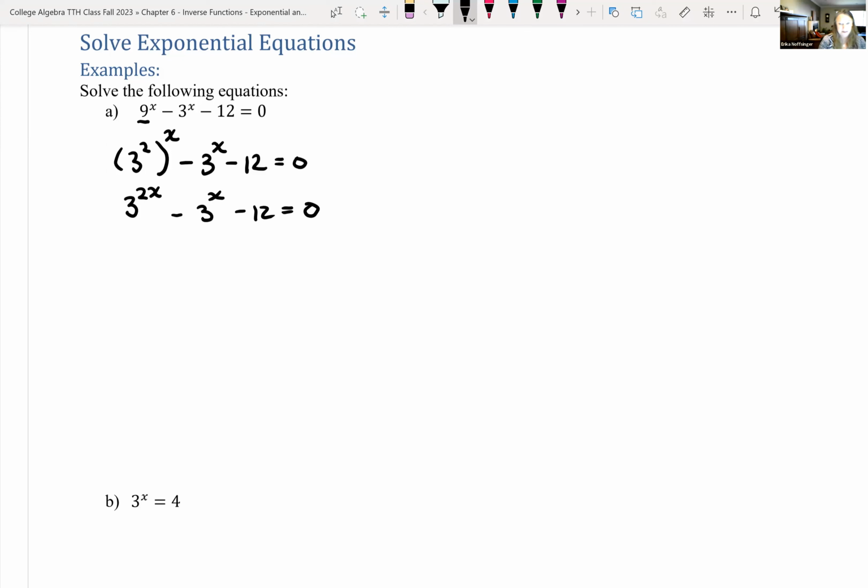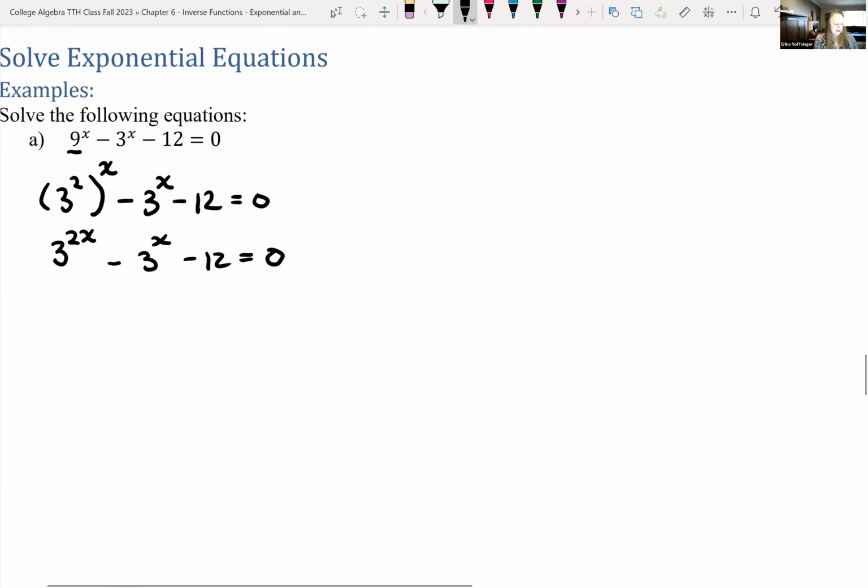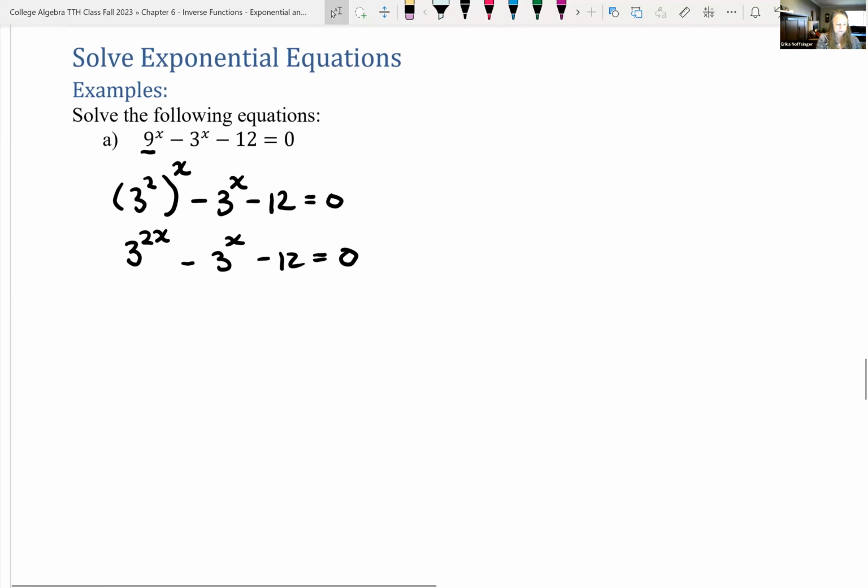I notice I can manipulate this to look like a quadratic equation, and then we could do substitution, which we had looked at doing at the beginning of the semester. So notice that this is the same thing as 3 raised to the x, quantity squared, minus 3 raised to the x, minus 12 equals 0.